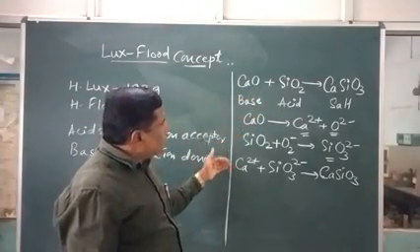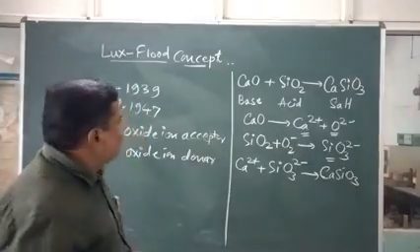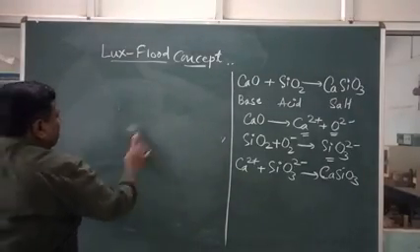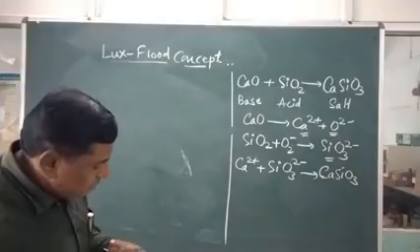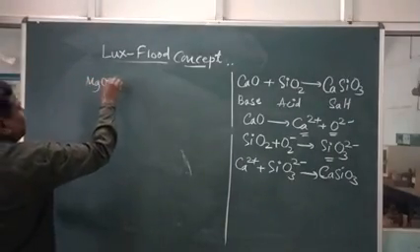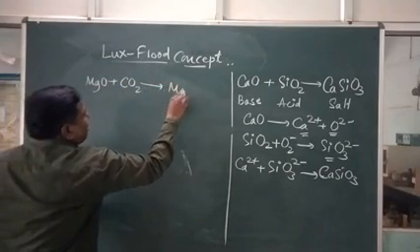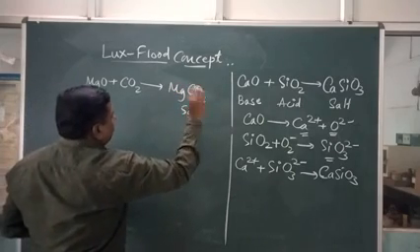Like these reactions, there are many reactions that can be explained as acid base reactions. Suppose we take MgO, magnesium oxide. This combines with CO2 and is converted into MgCO3, which is a salt.